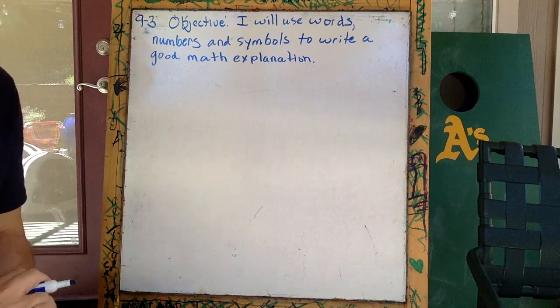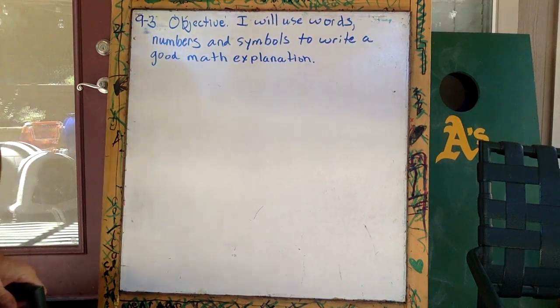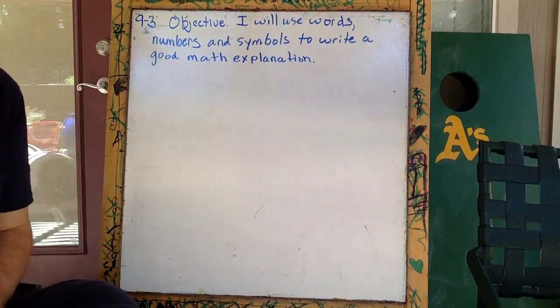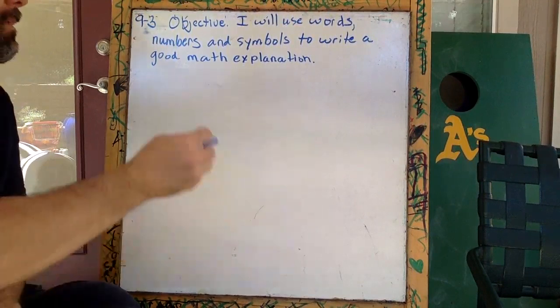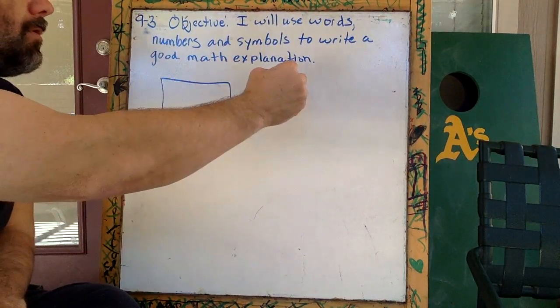The first thing we're going to do is, in your notepad, if you don't have it, please get it, I want you to draw two rectangles on a sheet of paper. So I'm just going to draw me two rectangles. Draw another one here.